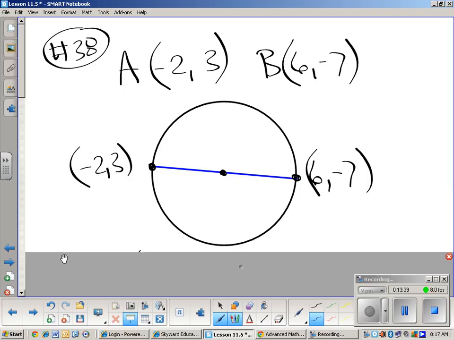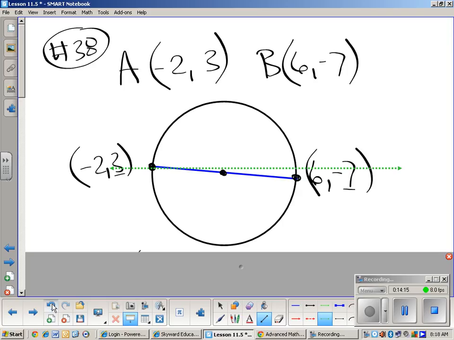And so if I graph this, this is absolutely not to scale. But let's just say I drew this picture and I pretended that this was my graph. I know it's absolutely not to scale because my y value is 3 here and negative 7 over here. And so if I drew this horizontal line through there, it sure doesn't look like I have a 10 unit drop between those two.